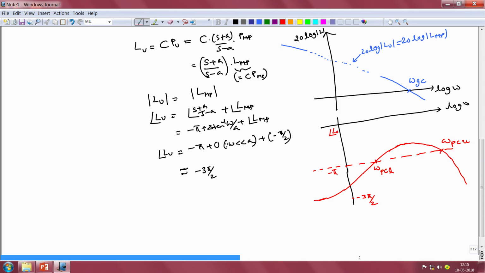Now if we want to derive inspiration from the phase characteristics of the minimum phase systems, then for a minimum phase system to be stable, we have noticed that firstly such a system would have a single phase crossover frequency, not two phase crossover frequencies, but that one phase crossover frequency omega Pc should be greater than the gain crossover frequency for the closed loop system to be stable, or in other words the phase lag at the frequency at which the gain crosses over should be less than pi radians.